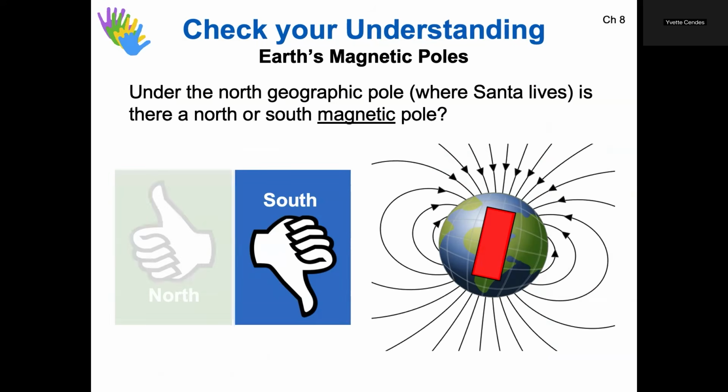Yes, it's a south. The field lines in this diagram are pointing toward the north magnetic pole, so that would be the equivalent of a south magnetic pole. It's purely a convention thing, it turns out. We still conventionally call it the north magnetic pole in the north and the south magnetic pole in the south, just to keep things confusing. But basically, if you see a diagram, look at the direction the arrow is pointing, and that's how you know what is a north pole and what is a south pole.